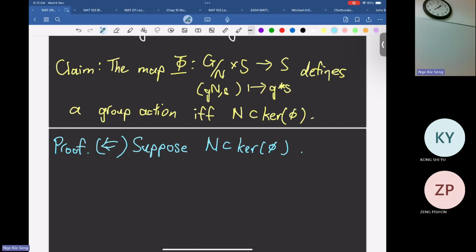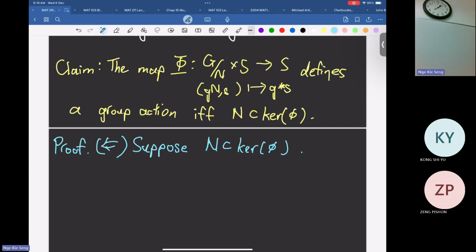Yes. So if you want to show that the group action is faithful, then you need to show the other inclusion, the kernel V in N. N is a subset of kernel V because the map defines a group action. The induced action is really a group action. So what do we need to check here? We need to check that this map really defines a group action.